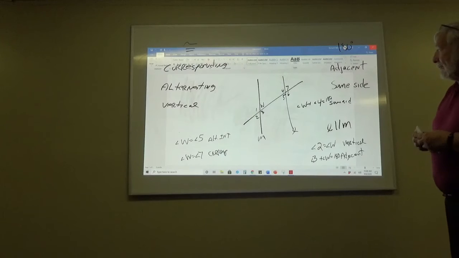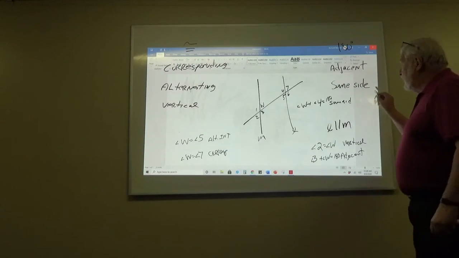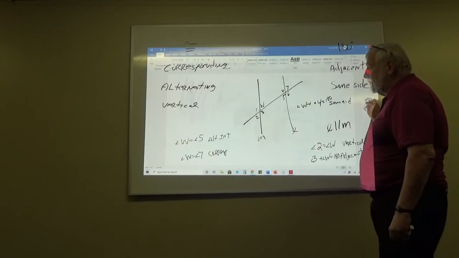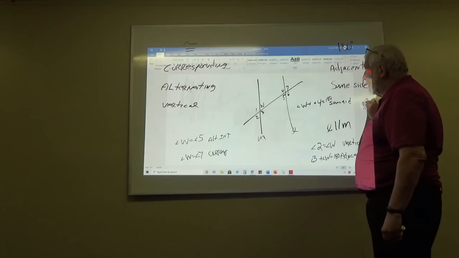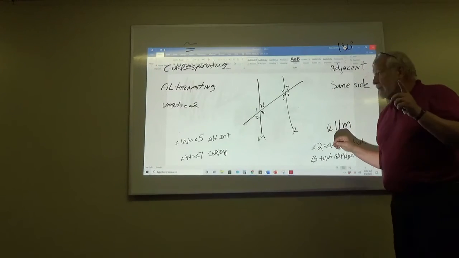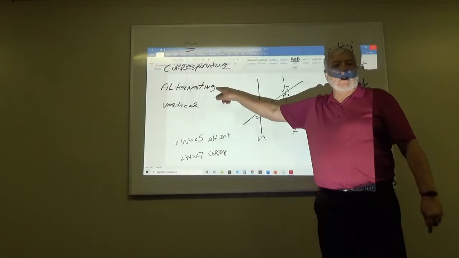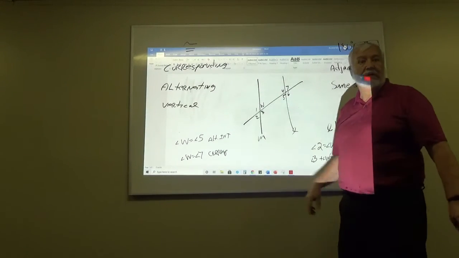So, let me just double check. That's right. Corresponding angles would be W and 7. But W and 4 would be same side interior. Same side and alternating are both interior and exterior.